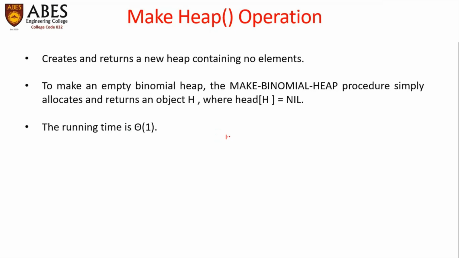We have set its head pointer, and head is still pointing to nil because there is no element connected to the binomial heap. So here head H is equal to nil. We have only started with the creation. So the running time complexity of this operation is obviously O of 1, because there is still no element on which we can perform any operation.